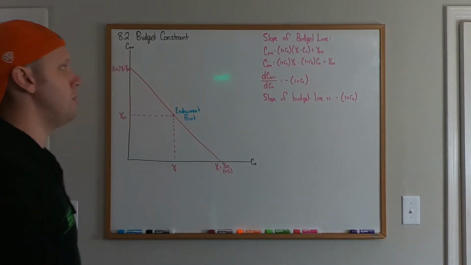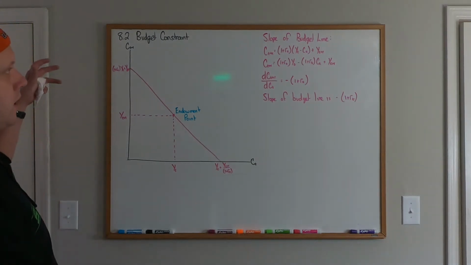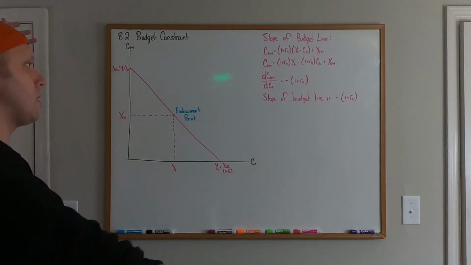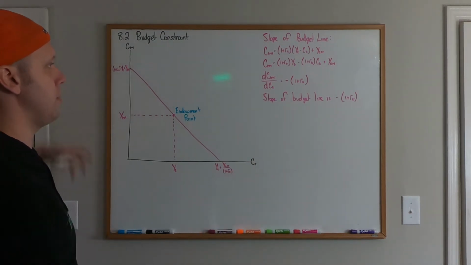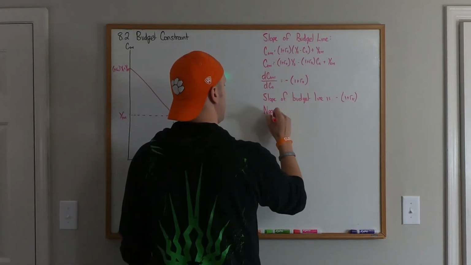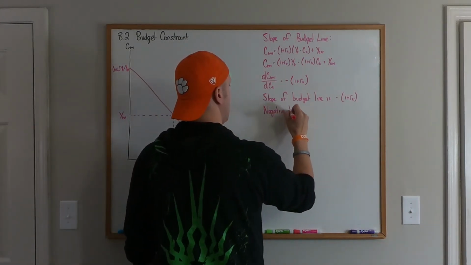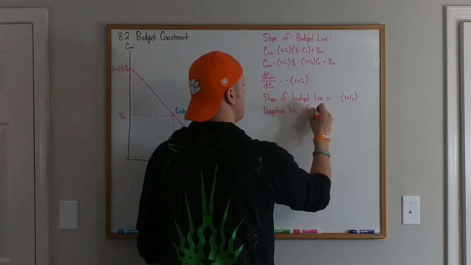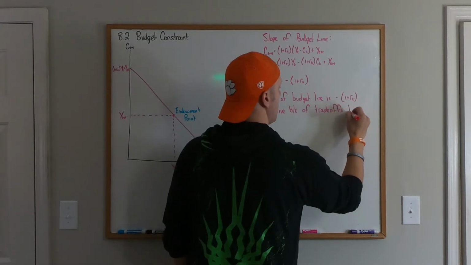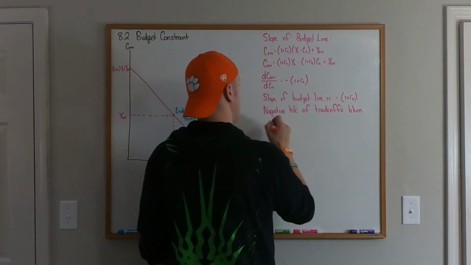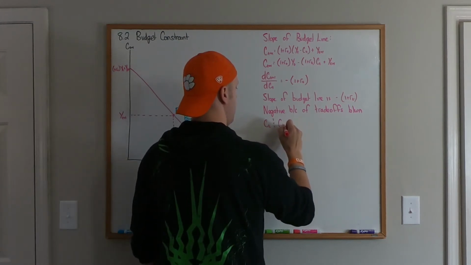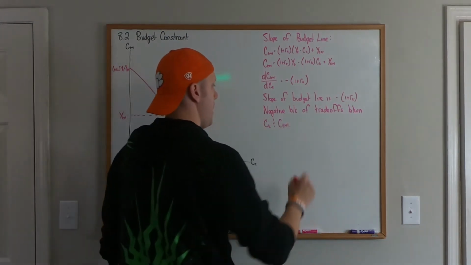All right, why is it negative 1 plus the interest rate? Well, there is a trade-off between current and future consumption. If I want more consumption today, I've got to give up more consumption tomorrow. So it's negative because of trade-offs between current and future consumption.